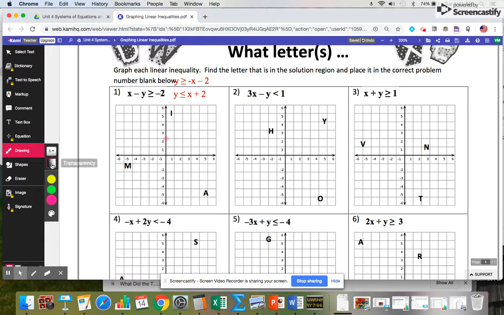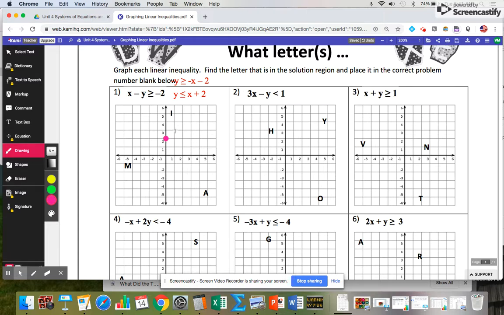Now, your dot is going to be darker than that. But what I've done is I've changed my transparency. So let me just undo this dot for a quick second. The default transparency looks more like this. So when you do your dot, it's going to be darker.